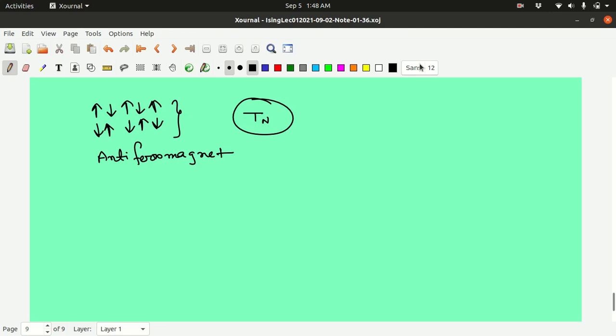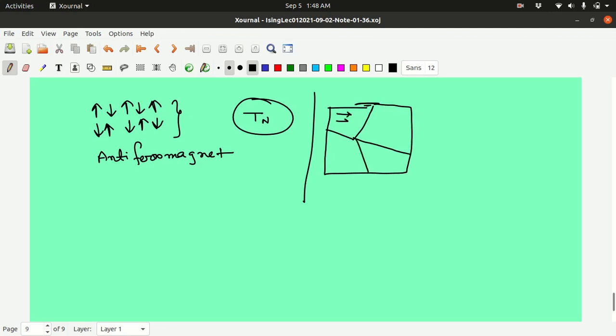Okay, before going to that, let me draw some other picture as well. In a ferromagnetic material, as I drew earlier, but let me draw it again, you have several domains like these, and in every domain the spins are aligned in a particular direction, but the net magnetization is 0.